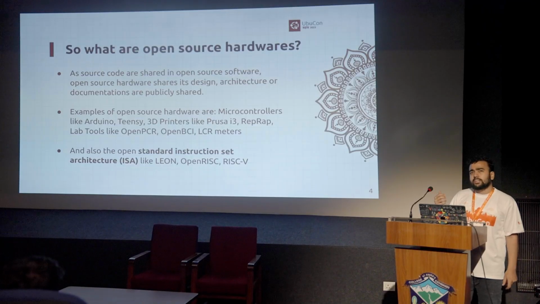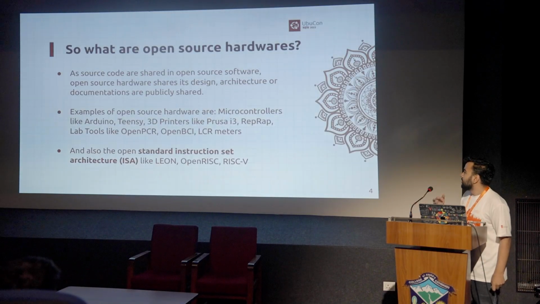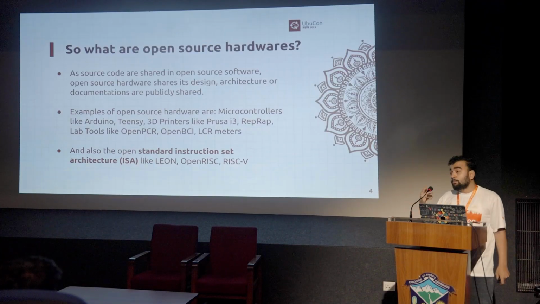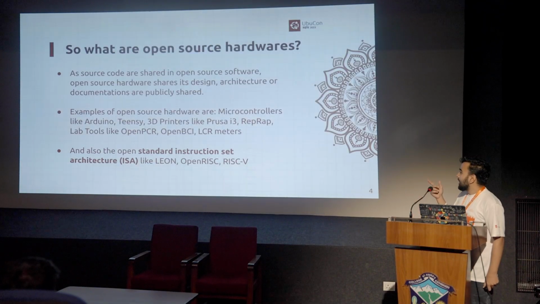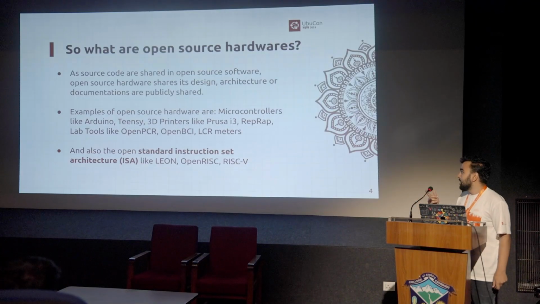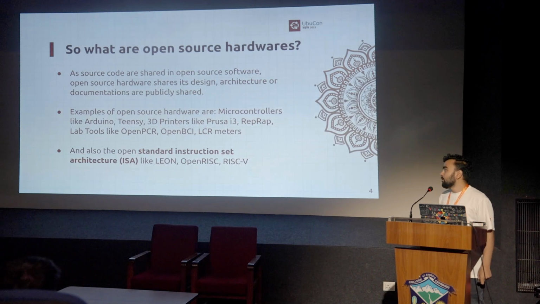General examples of open source hardware that we deal with most of the time are Arduino and 3D printers. Open source 3D printers are now getting some momentum, along with lab tools like OpenPCR, OpenBCI, and LCR meters. While we are talking about RISC-V, it's an ISA, an instruction set architecture.